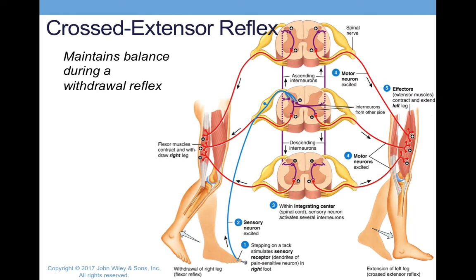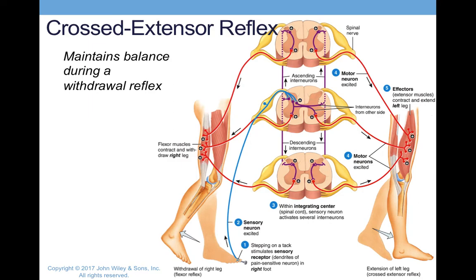When we pull our foot back and withdraw the foot from stepping on that tack or that sharp object, we then want to keep our balance to make sure we don't fall over. And so oftentimes we end up crossing our legs, and this is the crossed extensor reflex. So the flexor withdrawal reflex was ipsilateral and protective to avoid pain.